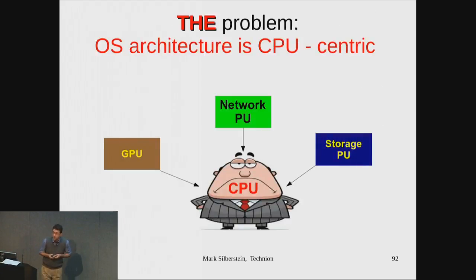The way we are going to break this wall is to break out of the CPU-centric operating system architecture, getting rid of the CPU being the single point of contact for operating system stuff, I/O, and operating system services.